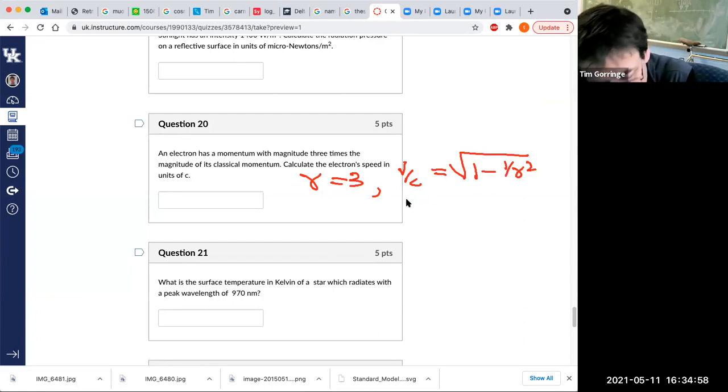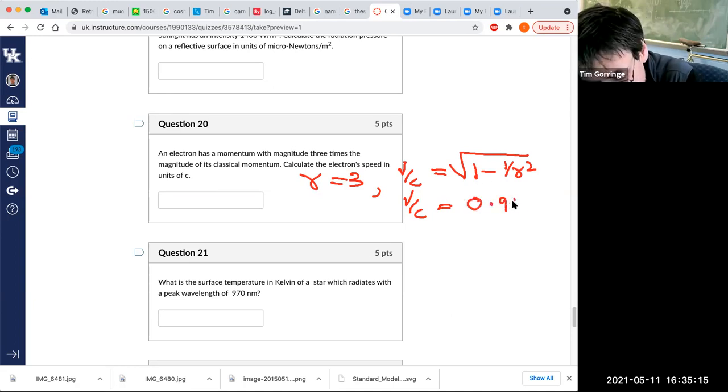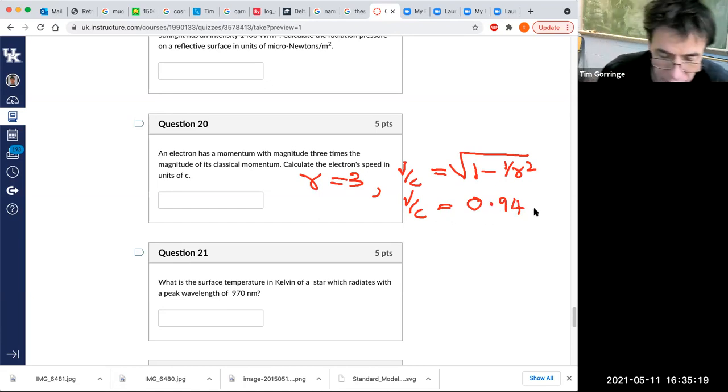So we can calculate the speed in units of c by plugging in the gamma of 3. The square root of 1 minus 1/9 is the square root of 8/9, which is 0.94. So the speed of the electron is 94% of the speed of light, 0.94 c.